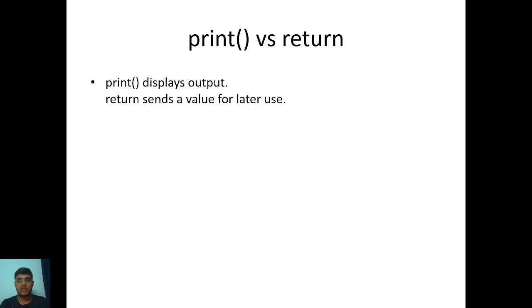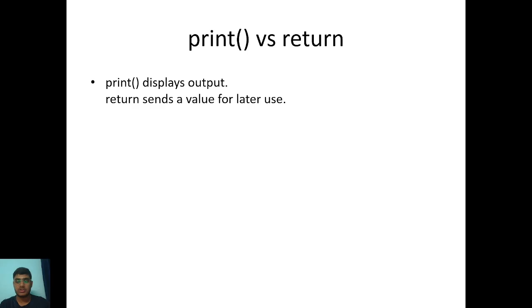Imagine you are ordering food from a restaurant. The function is the chef preparing the meal, the ingredients are the parameters, and the finished meal is the returned value.